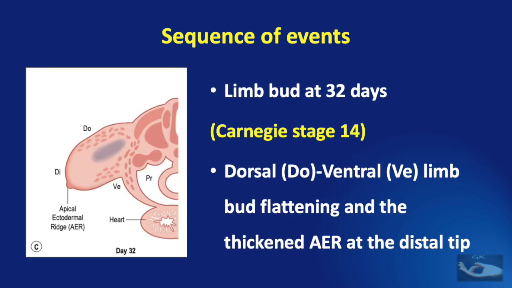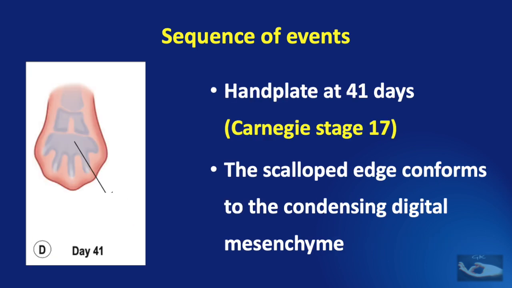At around 32 days, that is Carnegie stage 14, the dorsal and ventral limb bud flattening and the thickened apical ectodermal ridge at the distal tip can be seen. At day 41, corresponding to Carnegie stage 17, the scalloped edge conforms to the condensing digital mesenchyme in the hand.